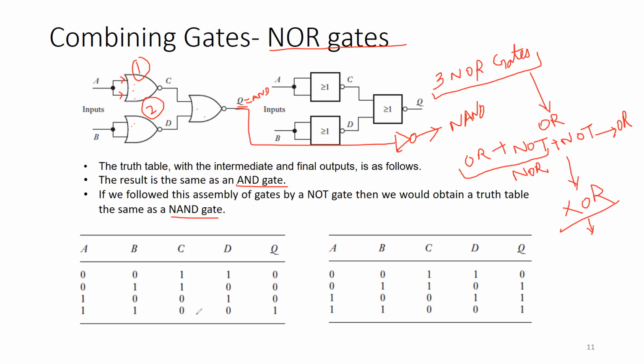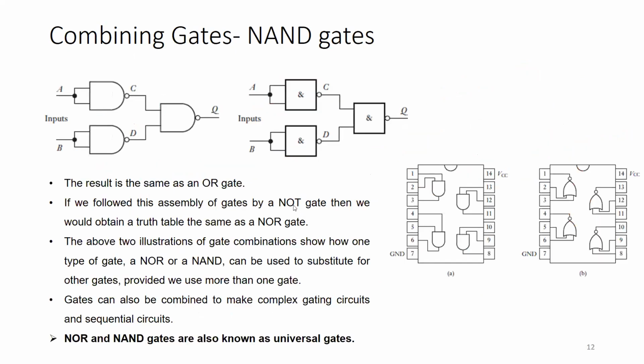Similarly, another combination could be the use of NAND gates also. The way the NOR gate works, NAND gate also works. NAND is AND plus NOT. This is the symbol of AND.